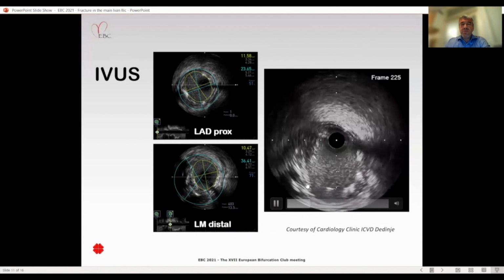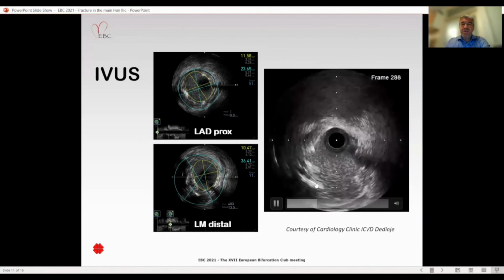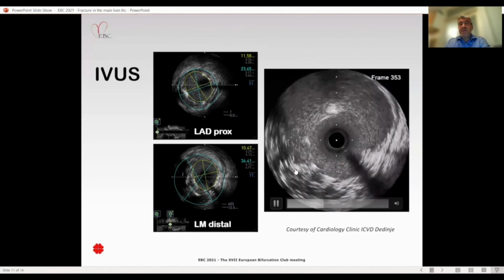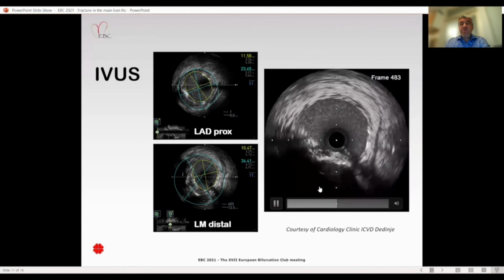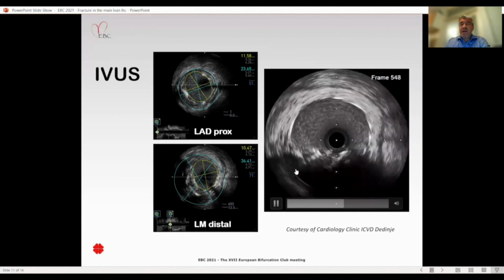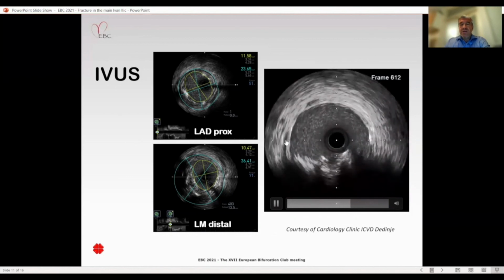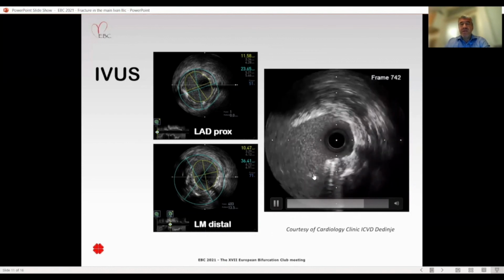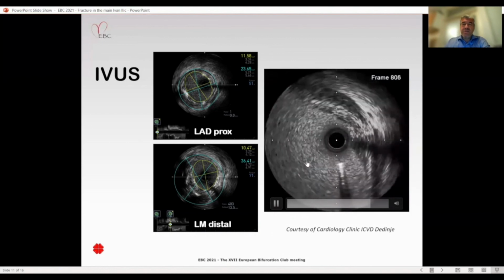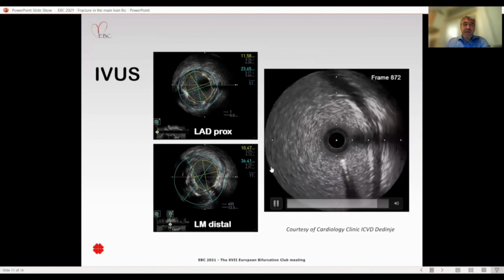there was a gross malapposition and incomplete expansion of the stent in the LAD and also in the left main. But you can also notice a very calcified lesion that takes up to 180 degrees of circumference and an incomplete apposition of the stent in the left main.